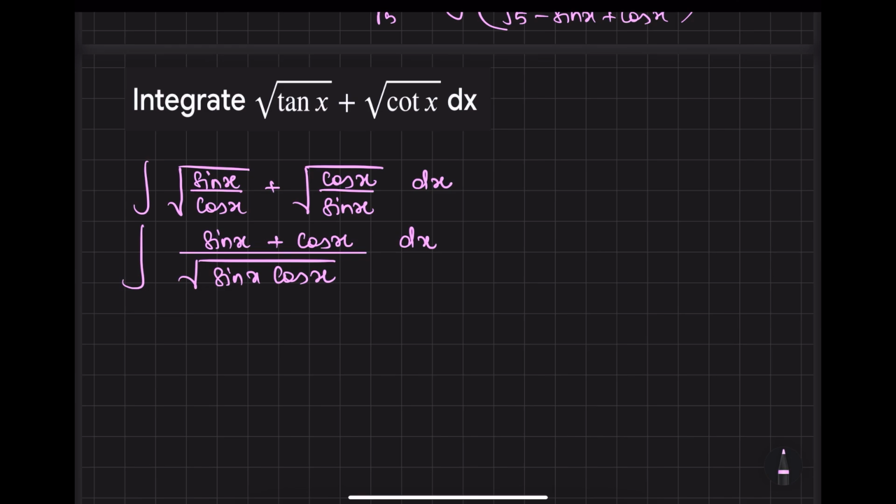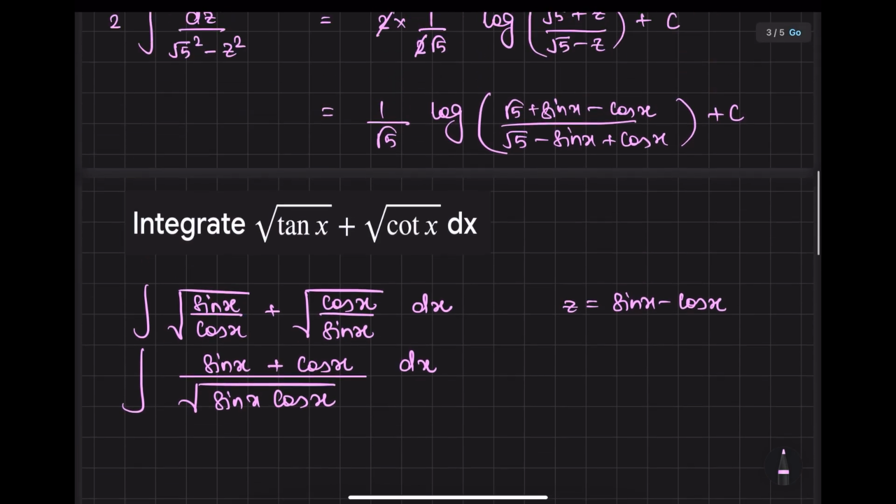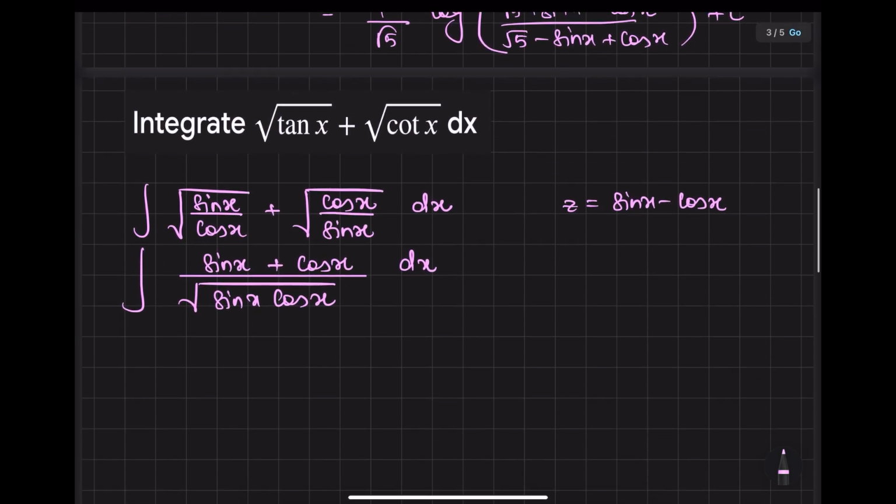Correct? So what we should take? We should take z as sin x minus cos x. And I hope after this you can manipulate this question. If you are not able to do it, please comment in the chat box so that we can respond accordingly.